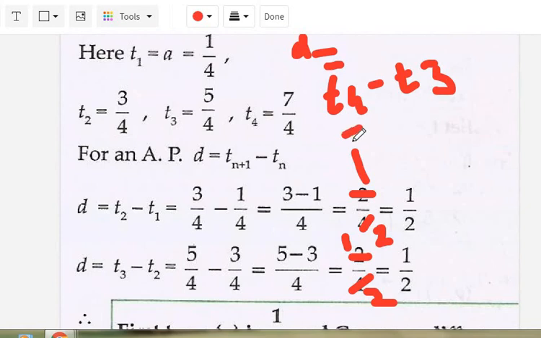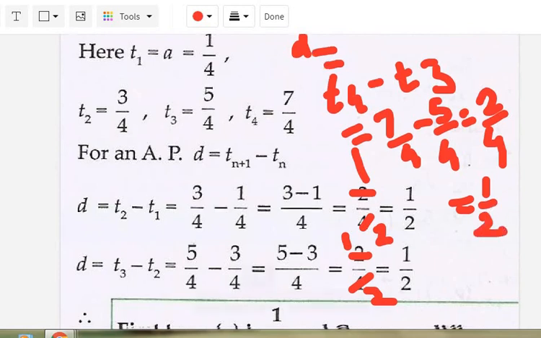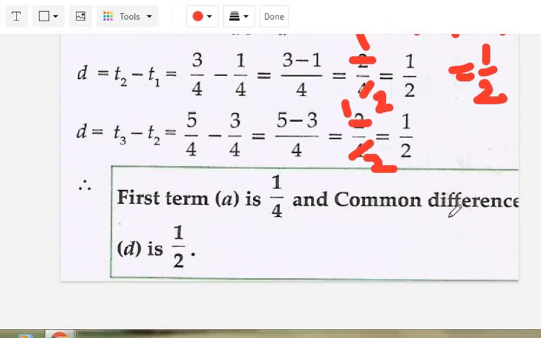D is equal to T4 minus T3. T4 is 7 by 4 minus T3 is 5 by 4. 7 minus 5 is 2 upon 4, that is 1 by 2. Now see, common difference is 1 by 2 and therefore first term A is 1 by 4 and common difference D is 1 by 2. This ends your practice.